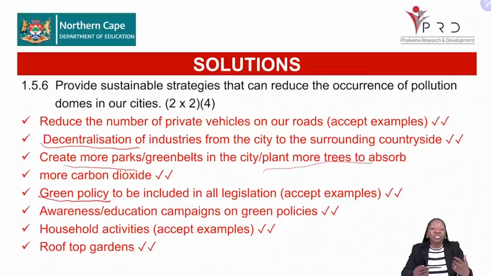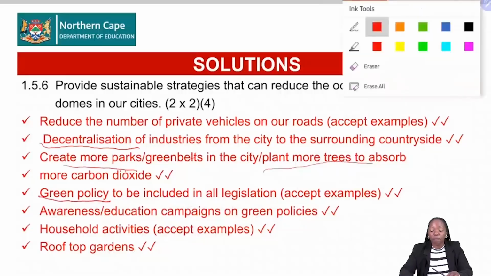We sometimes ban things unnecessarily. We're talking about when we are cooking at home, whatever activities that we do at home that might lead into air pollution. Then also to emphasize on the rooftop gardens, because they can also reduce the temperatures.